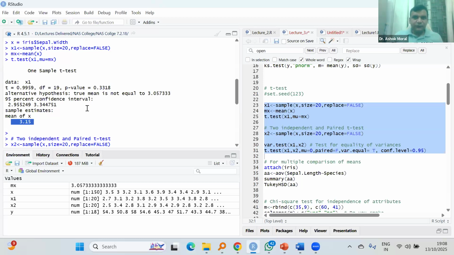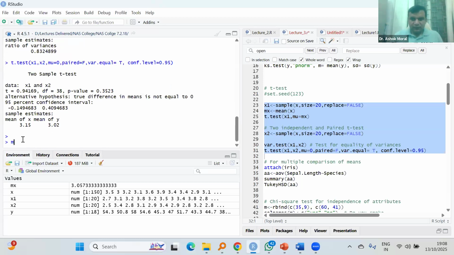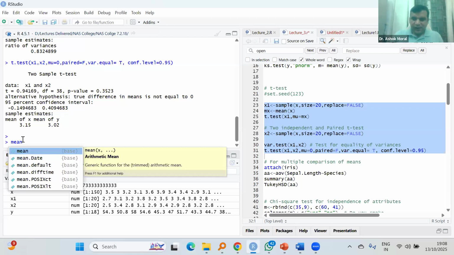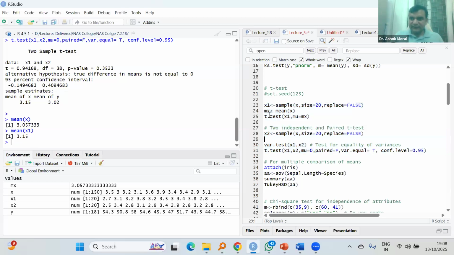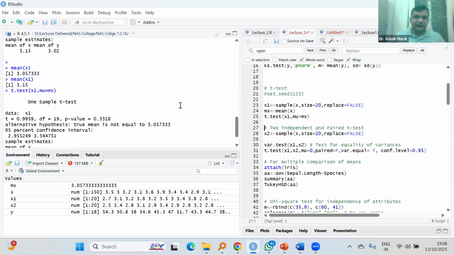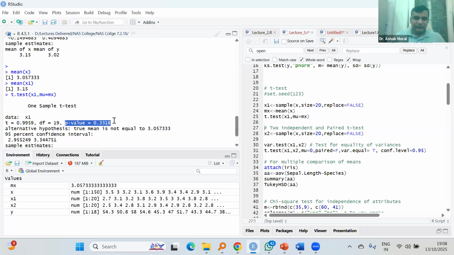So initially we have the mean of X or the mean of X1. But this t-test is saying that there is no difference.